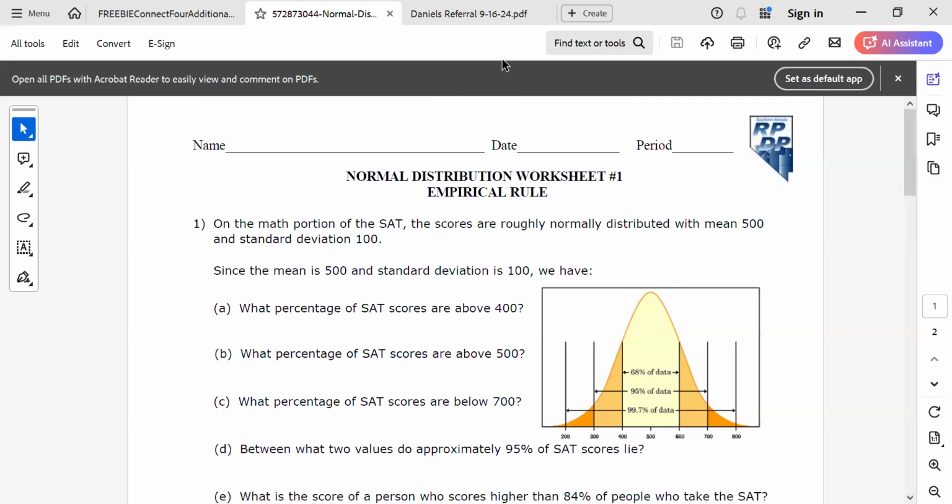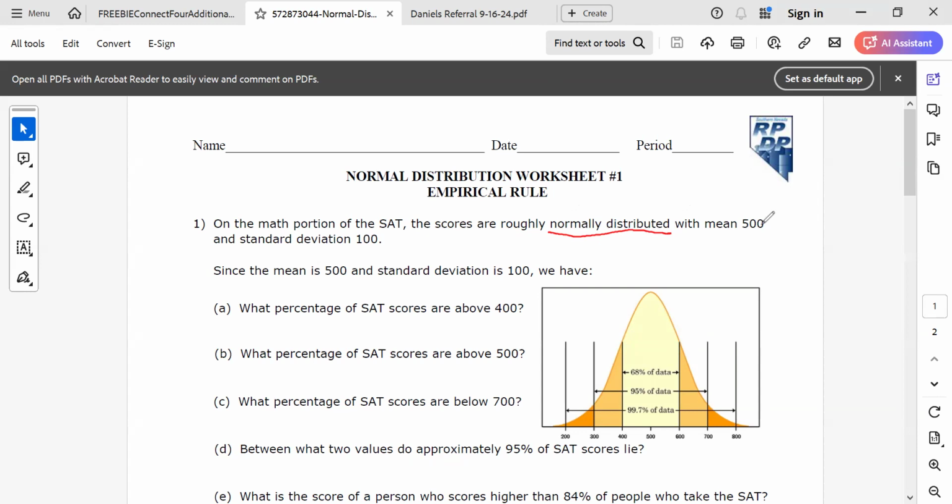Let me annotate. So we're going to look at 1A. Okay. We're talking about some distributed scores on the math portion of the SAT. They're roughly normally distributed. So when you see normally distributed, you know you're talking about the empirical rule. Okay, that's going to be kind of the giveaway above all else.